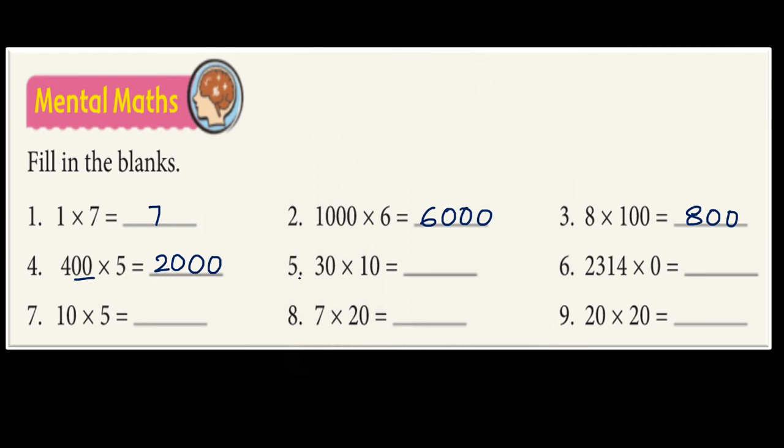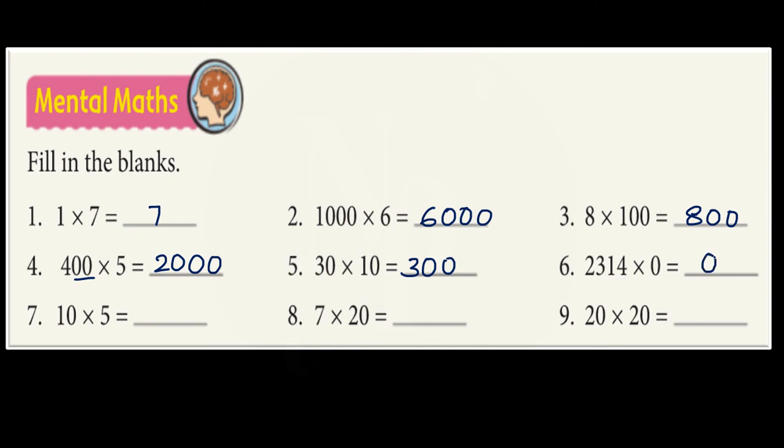Next, question number 5. 30 into 10, so we write 3 here and we put 2 zeros because we have one zero in 30 and the other zero in 10, so it will be 300. Next, question 6. 2314 into 0 is 0.